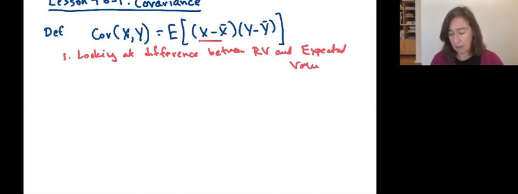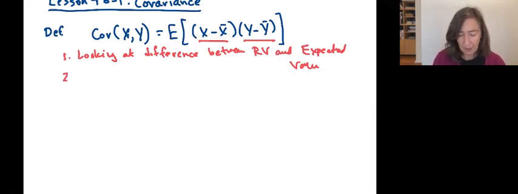So we've got X minus X bar, Y minus Y bar. So the difference between what X actually works out to be and the expected value. Again, sort of reminding ourselves it's the difference between a random variable and a number. Okay, it's a special number, but it is really just a number.